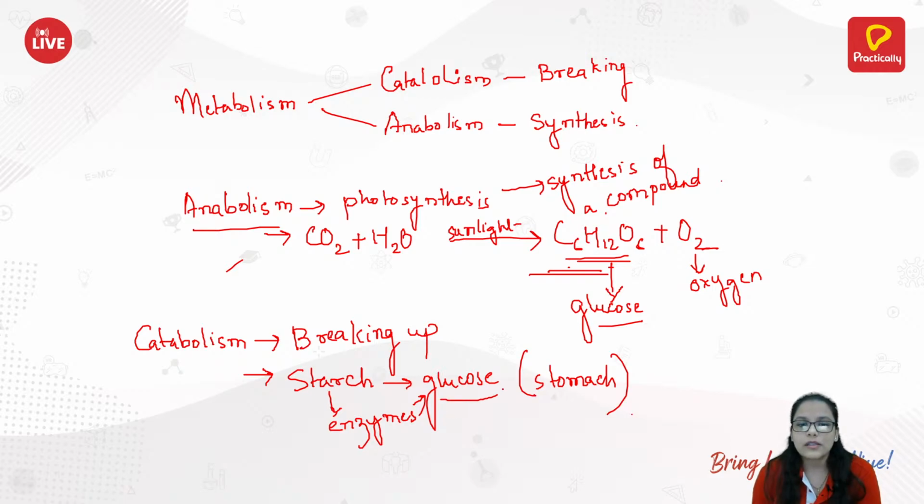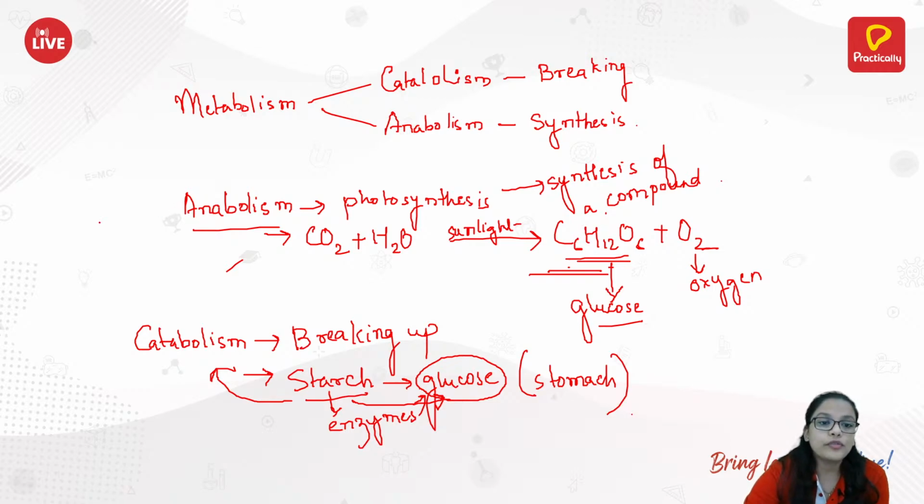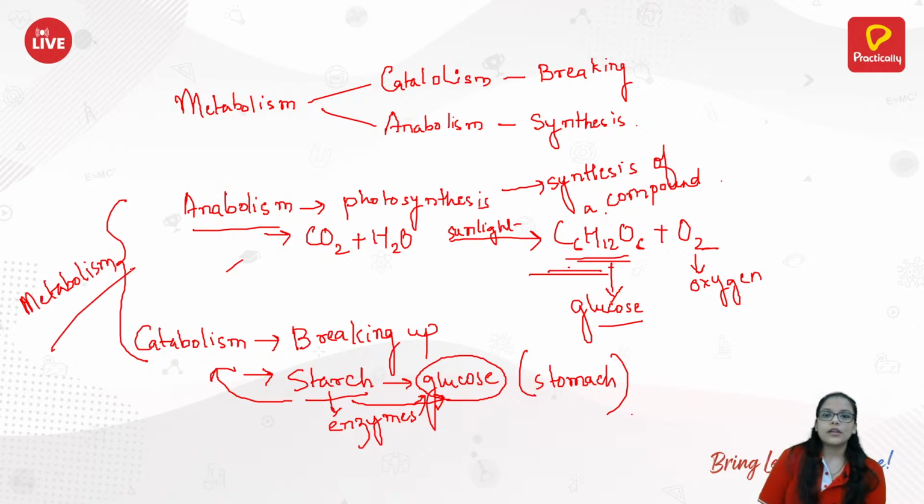Those enzymes break it into glucose. This breaking up of starch into glucose is a form of catabolism. And both of these things, anabolism and catabolism, make up metabolism. So this can only happen when it is a living creature. Metabolism happens only for living creatures.